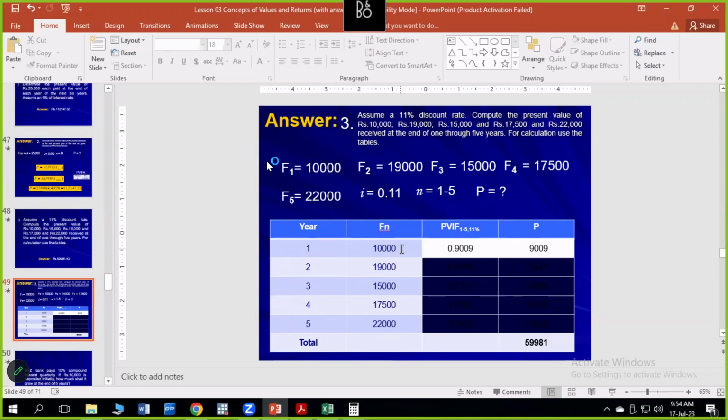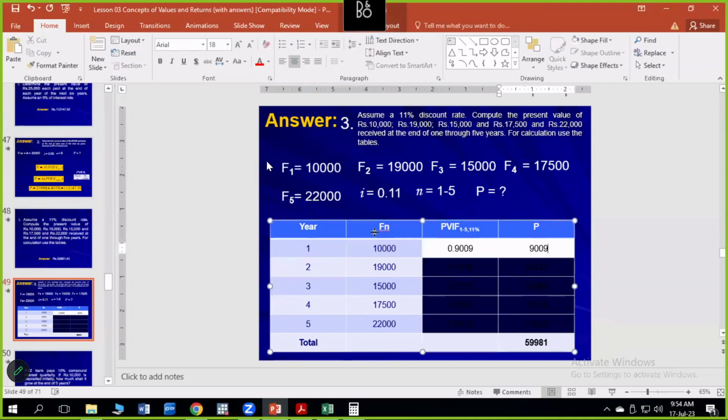You can multiply it by the 10,000. You can get it as 9,009.